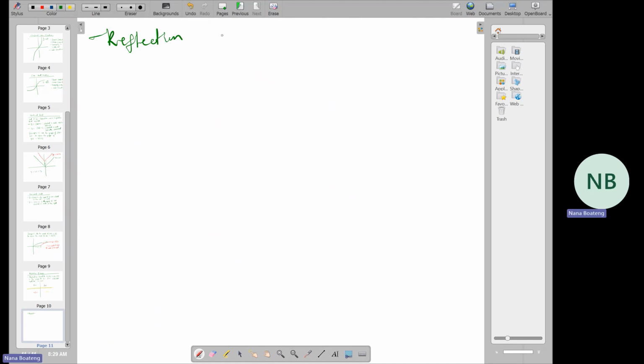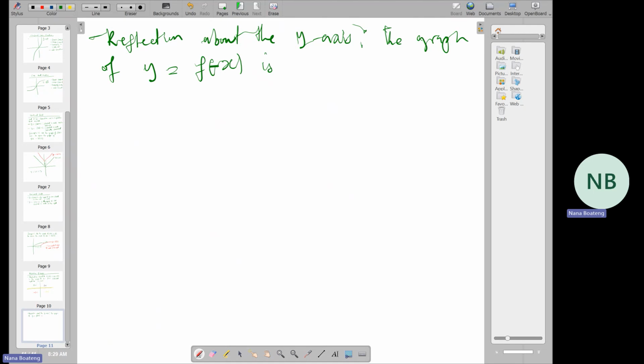So the graph of y is equal to f of minus x is the graph of y is equal to f of x reflected about the y-axis.